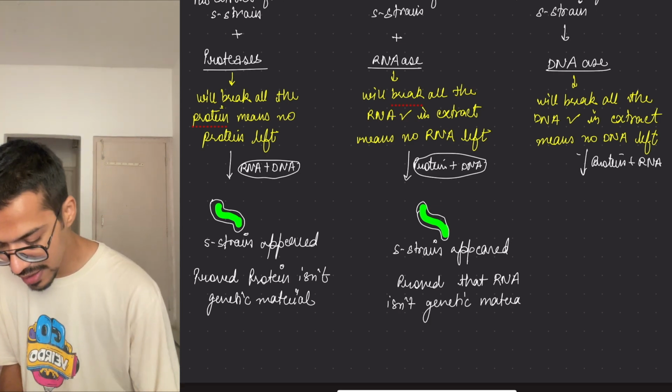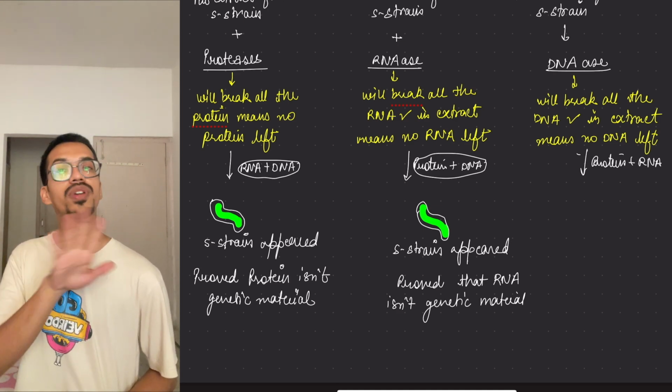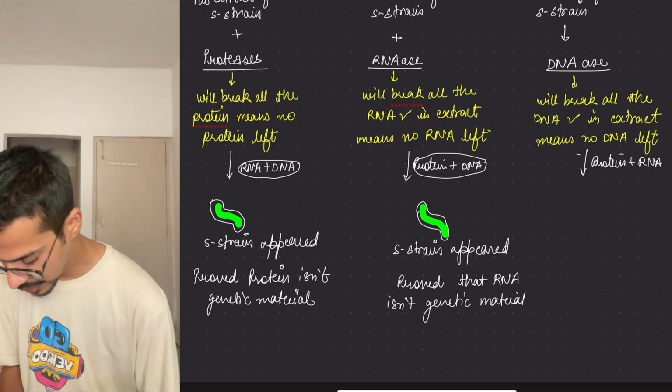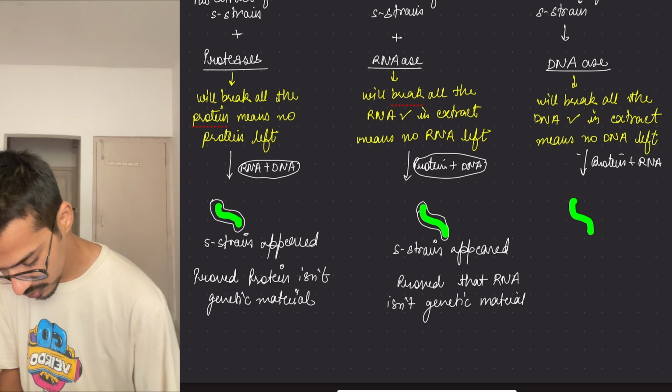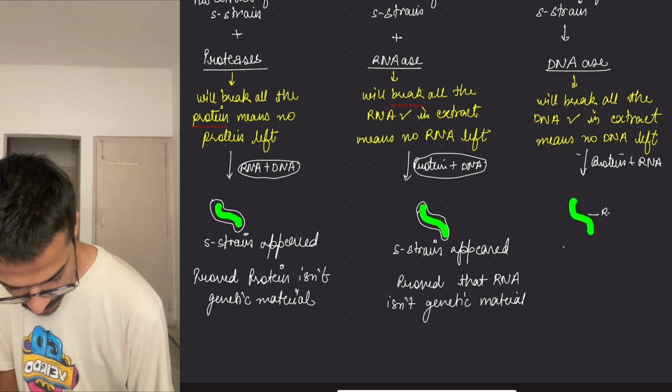So let's see the last one. In the last one, we destroyed the DNA of the S strain. Now we didn't find any S strain. So what happened? There is R strain only.